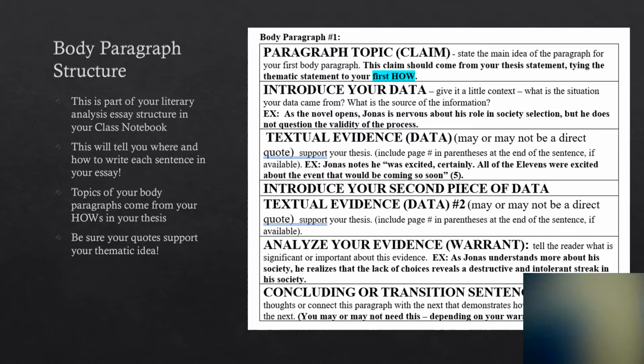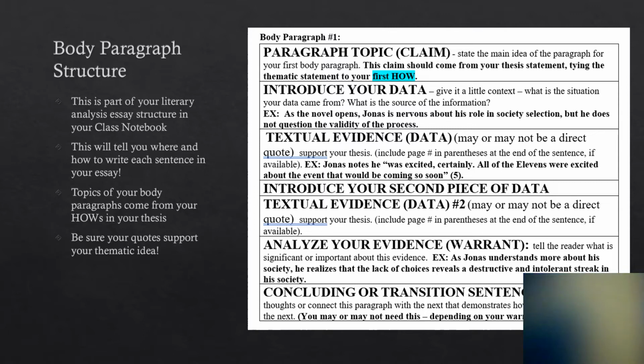And then you give your quote. Ideally, you weave your quote nicely in, like Jonas notes, or young Goodman Brown notes, or the setting is described, and then give the quote. Then you're going to include the page number in parentheses at the end of the sentence, because that's MLA format.